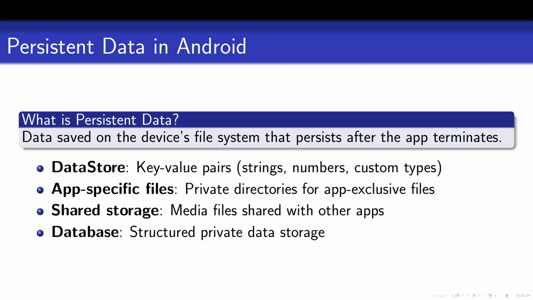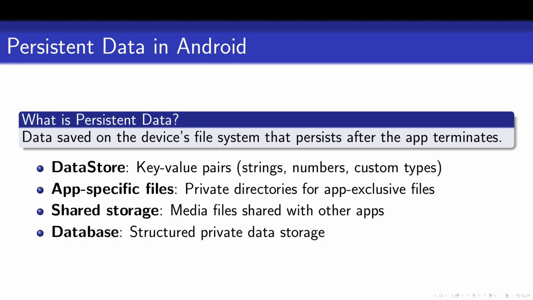Persistent data is crucial for apps, as it remains on the device's file system even after the app closes. DataStore handles key-value pairs, supporting strings, numbers, and custom types for flexible storage. App-specific files are stored in private directories, ensuring secure access exclusive to the app.